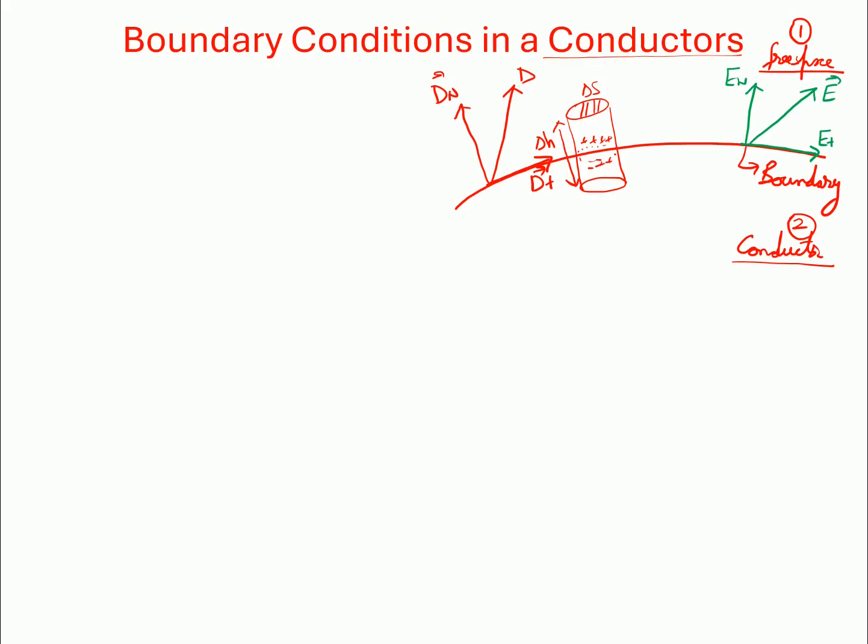In order to do the analysis on the E field, we are going to use a rectangular closed path from points A to D, where the width is delta W and it has its own height, which is delta H. Again, the height has a certain portion in free space, and the other portion is in the conductor. The same goes for the cylinder as well for the electric flux density. So this is the image that we are going to use to do our analysis.